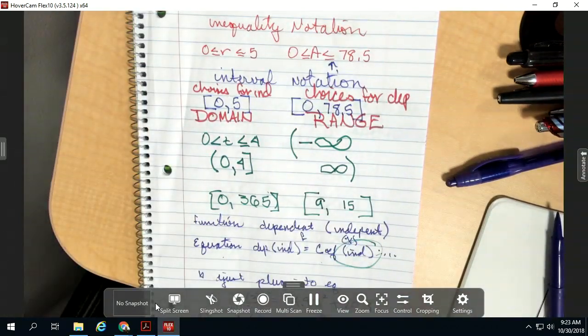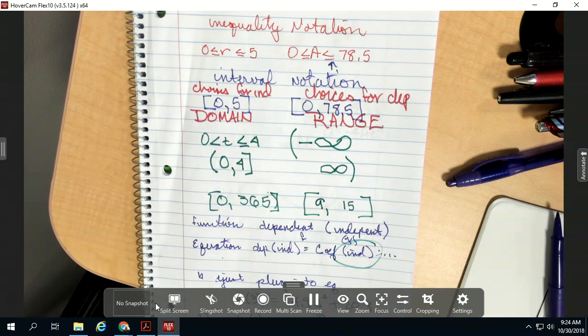Now, to help you remember which one is which, would you agree that X comes before Y in the alphabet? And domain comes before range alphabetically also. So that might help you remember that the range is the choices for Y. Don't be thinking about dependent and independent because those are screwed up alphabetically. So don't remember it that way.